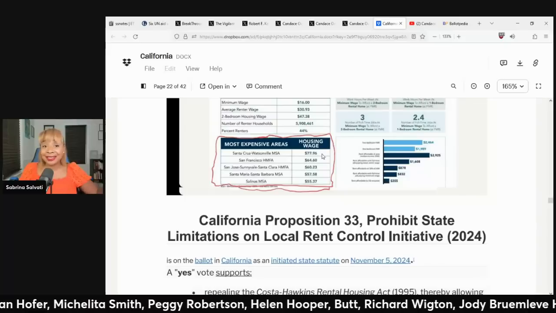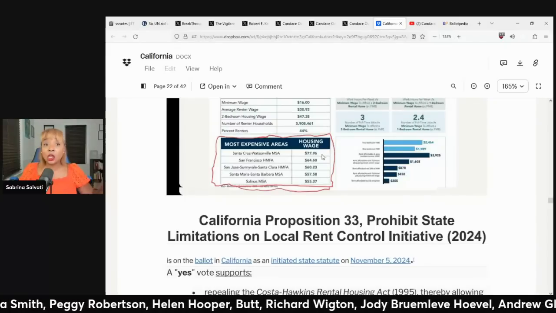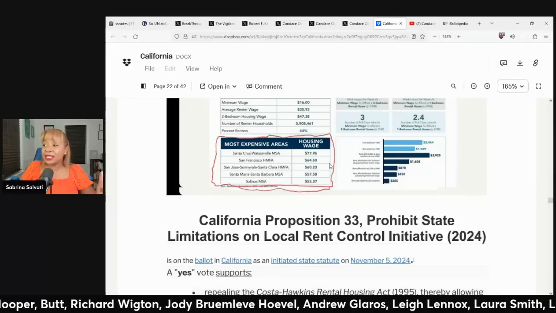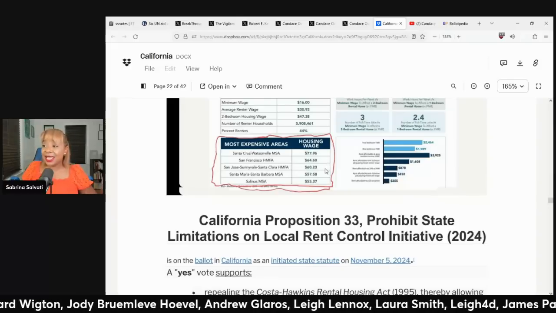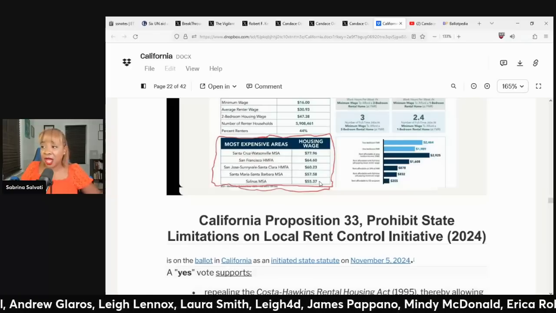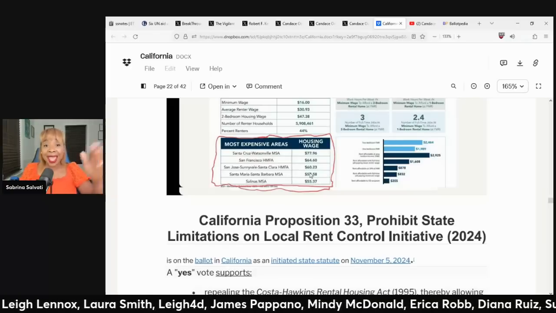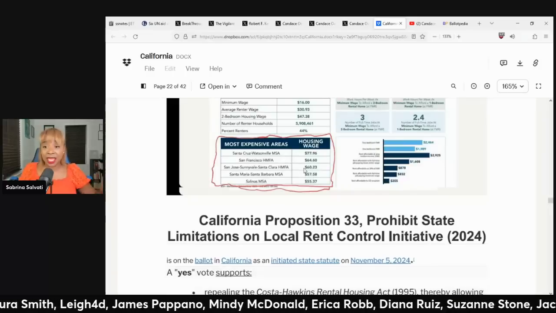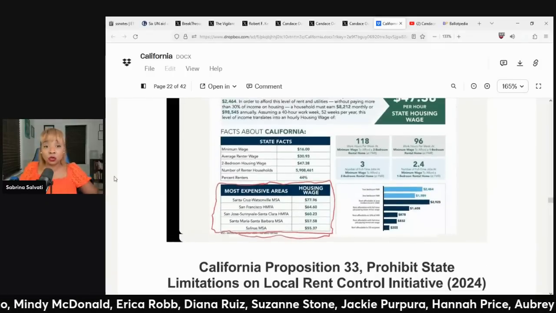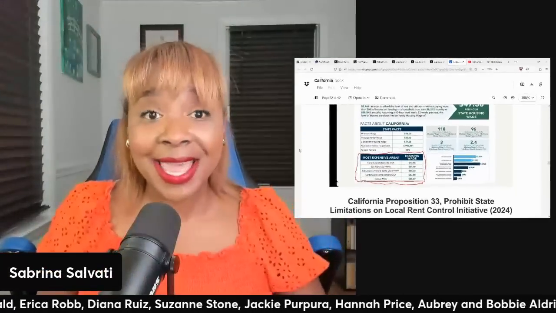Yo, California is insane. This is insane. Nobody can do this, man. Like San Francisco, $64, San Jose, $60, Santa Maria, $57, Salinas, $55. That's how much you need to make an hour in those most expensive areas in California to afford a 2-bedroom rental. That's insane.